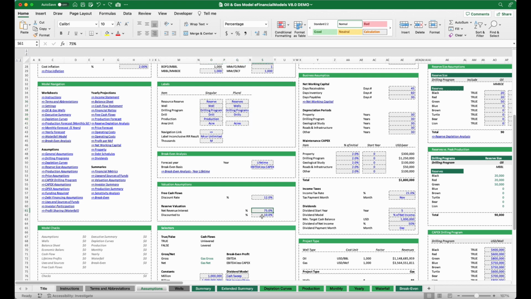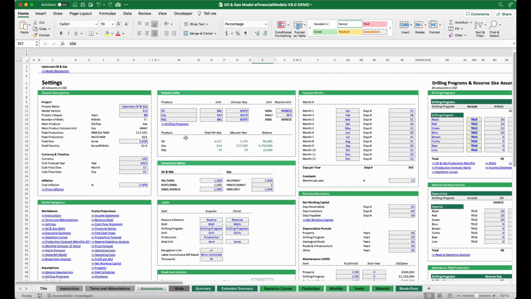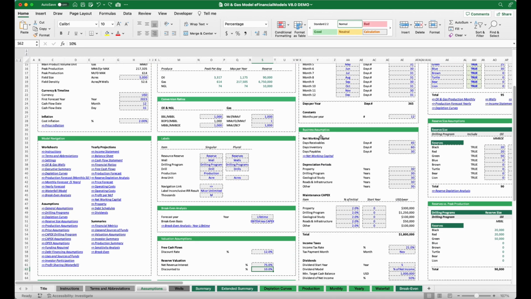And we have assumptions to value the reserves. As you can see here, we only consider 75% of the expected revenues of the reserves, and we only include 10% of its value, because this is the value today compared with what we have calculated as the value in the future. Other assumptions here are business assumptions.